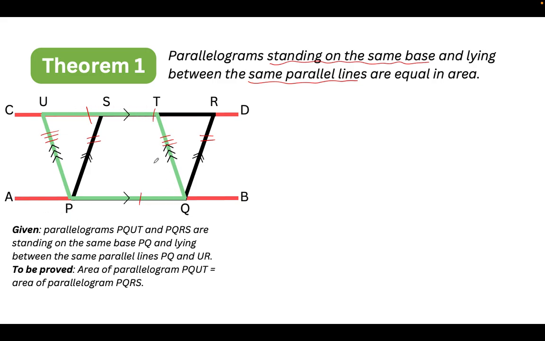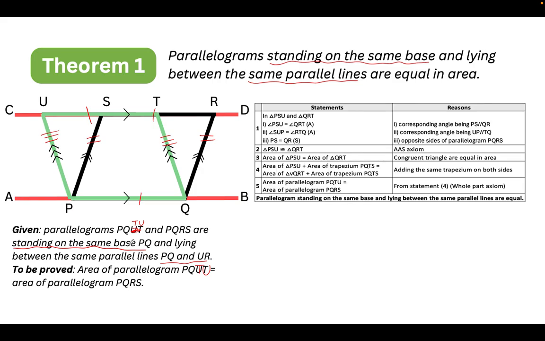It needs to be PQTU. You cannot write PQUT. Parallelogram PQTU and PQRS are standing on the same base PQ, clearly see that, and lying between the same parallel lines PQ and UR. You can also write AB and CD. Now what needs to be proved is that the area of parallelogram PQTU is equal to the area of parallelogram PQRS.